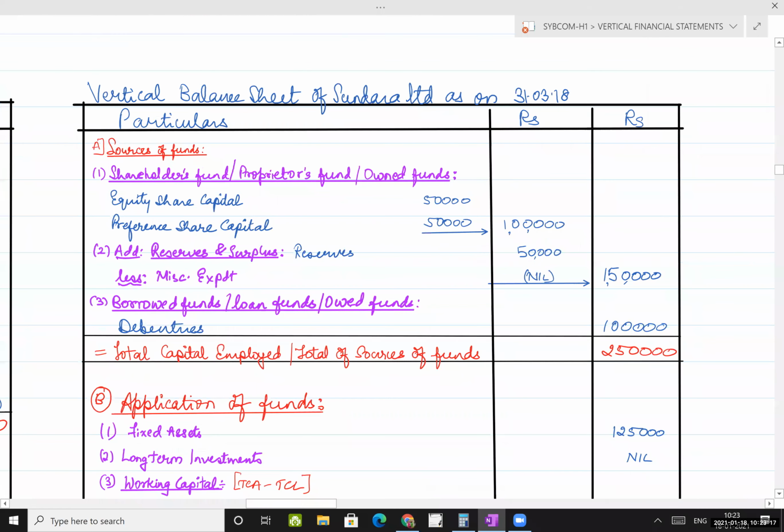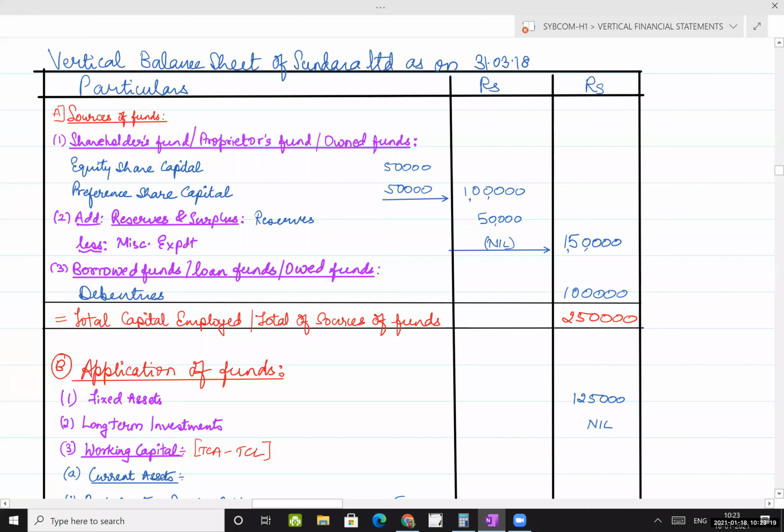Start with vertical balance sheet of Sundara Limited as on 31st March 2018. Okay, prepare particulars and rupees ka 2 columns. Write down sources of funds.